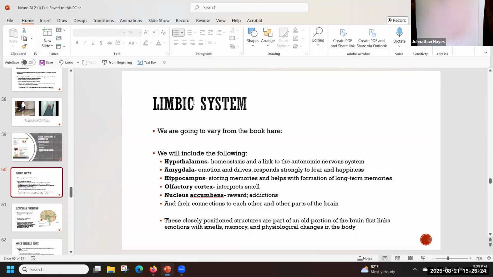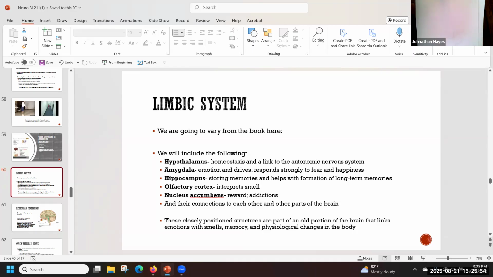And again, I relax. Versus if I think about the person in this world who I hate the most, all of a sudden I feel tense. My heart rate increases. You can feel your blood pressure going up. All that's occurring because of the limbic system, in which things like thoughts, memories, smells, fear, stress and anxiety can actually lead to somatic changes in the body. That's the limbic system that does that.